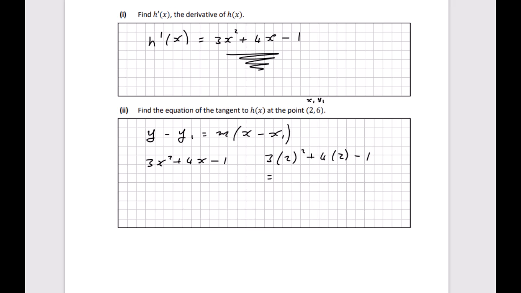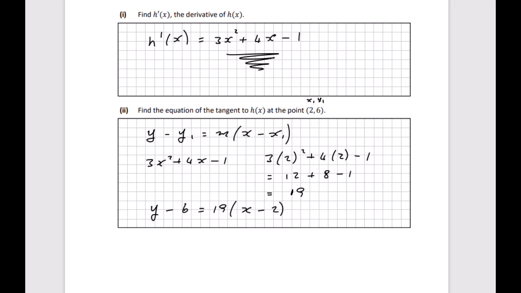When you do that, you get 2 2s are 4, 3 4s 12, plus 8 minus 1. That's 20 minus 1, which is 19. So that means the slope of our tangent at the point 2, 6 is 19. So our equation then is y minus y1, which is 6, is equal to m, which is 19, x minus x1, which we have as 2.